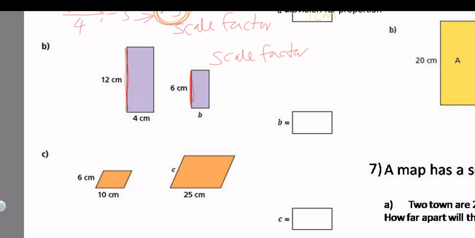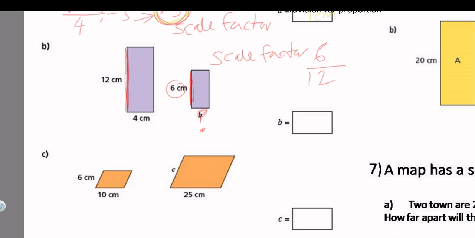Both the numbers are given. So what goes in the numerator? First of all, we're trying to work out this side over here. This is the side we're trying to work out. So to work out the scale factor, the number that goes on the numerator is 6. There's 6 over here. And the number that goes at the bottom is the 12.